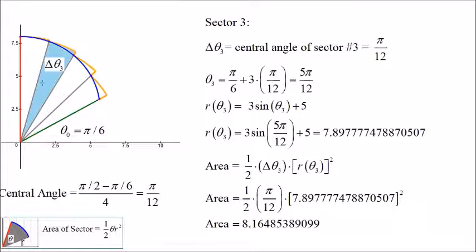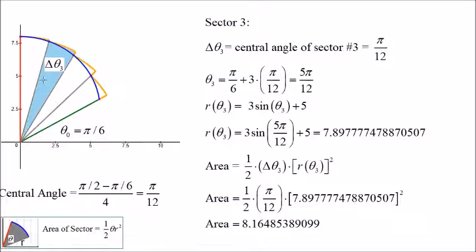To calculate the radius representing this sector number 3, we can use the angle from here to this line, which is pi plus 2 pi over 12. Or we can use the angle from here to here, which is pi over 6 plus 3 pi over 12.